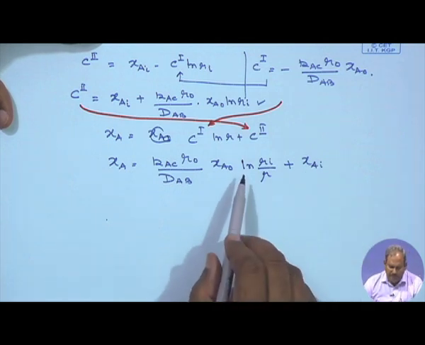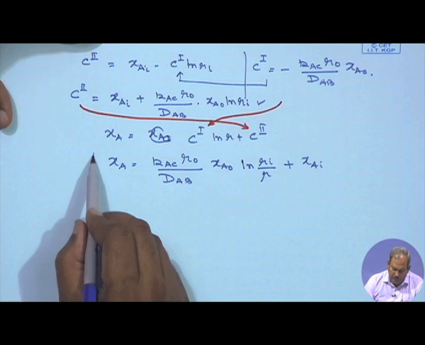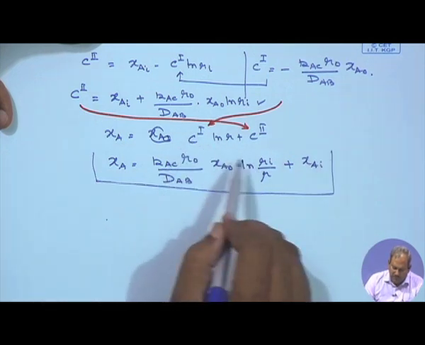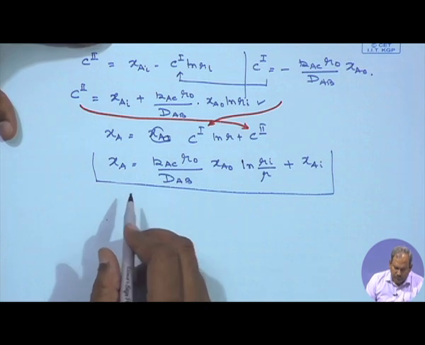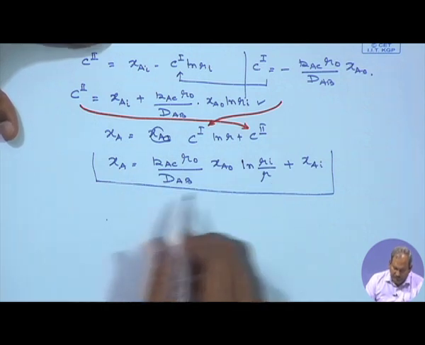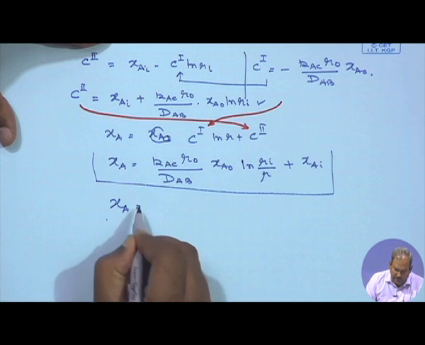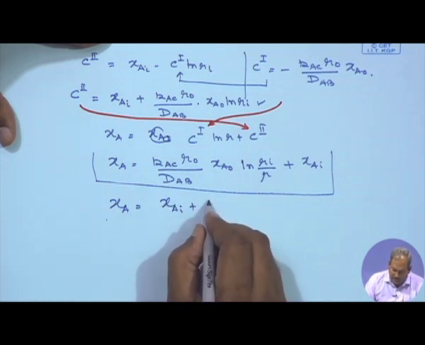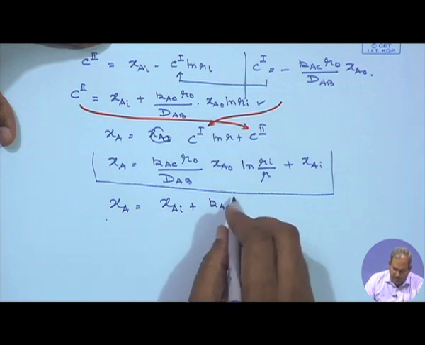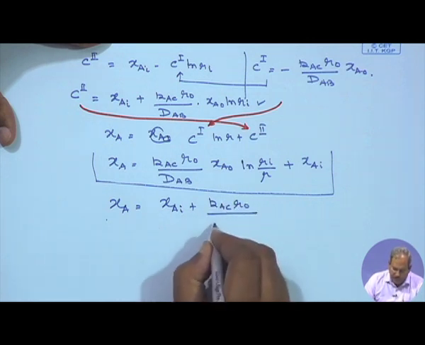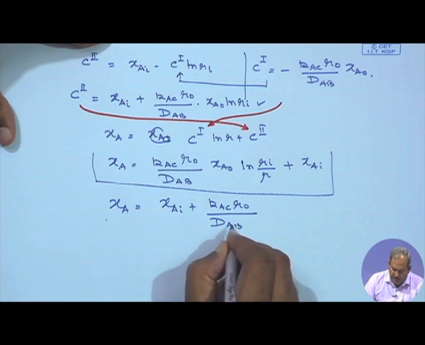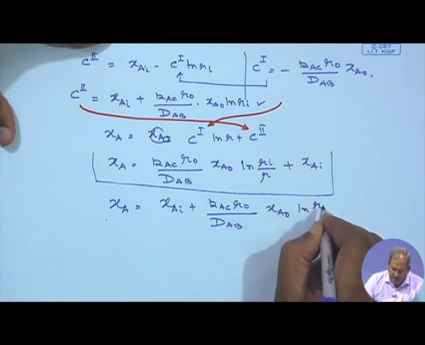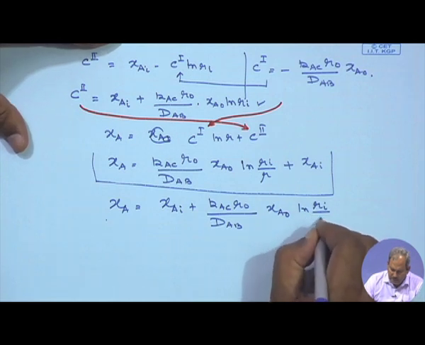So, this is the total overall expression for XA that you are going to get out of this relation. This is the final expression, written in a more general way, XA equals XAI plus Kac R naught by dAb times XA naught ln rI by r.